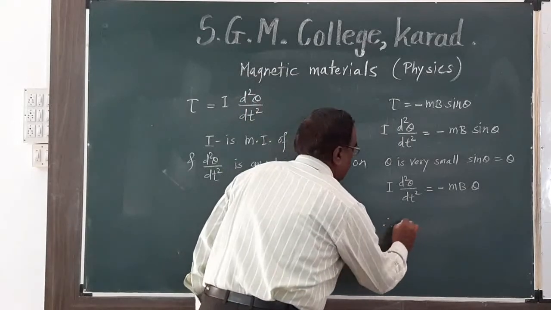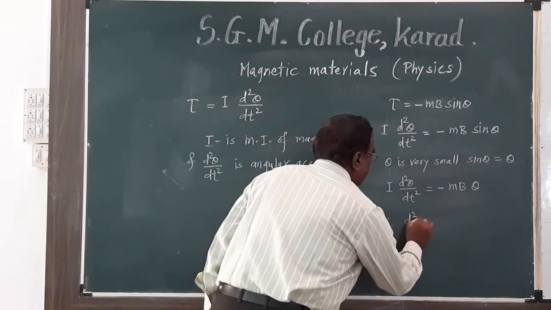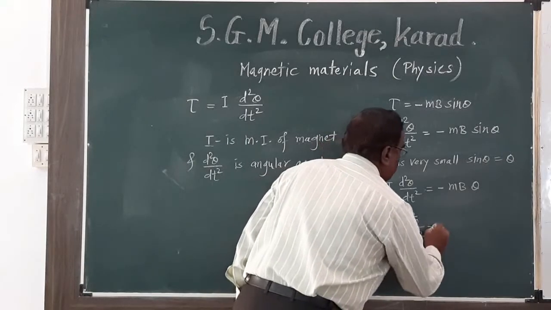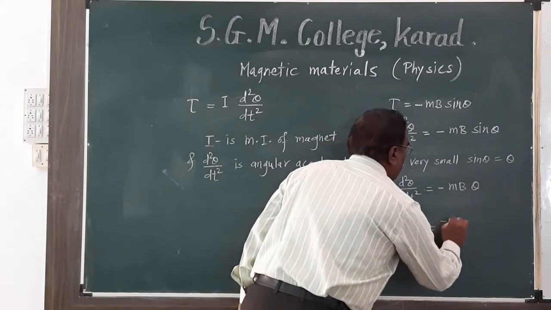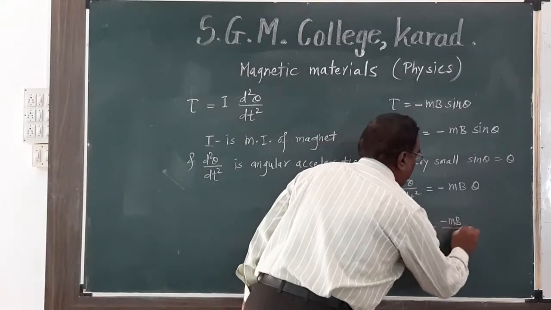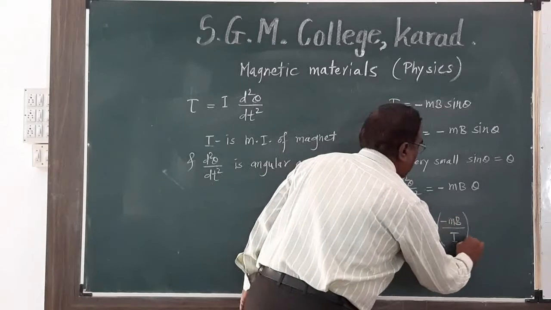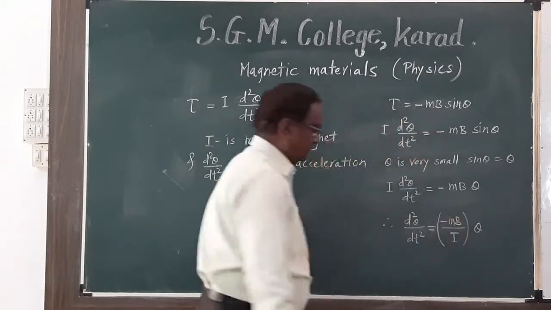Therefore, we can write d2 theta upon dt square is equal to minus MB upon I into theta.